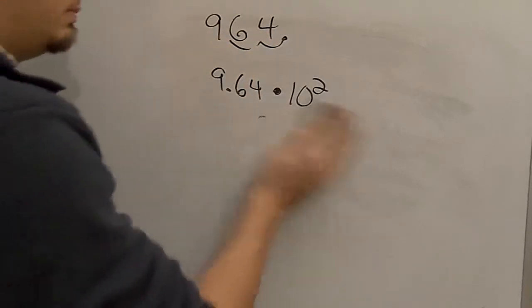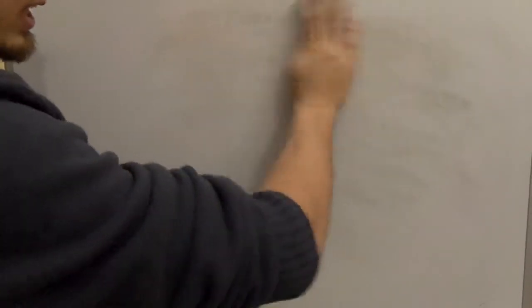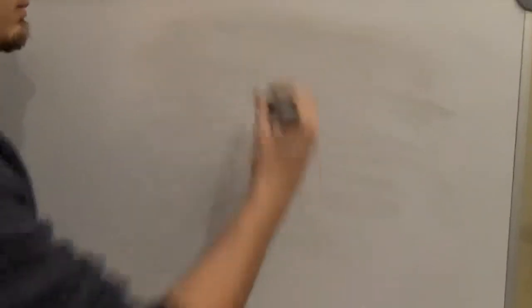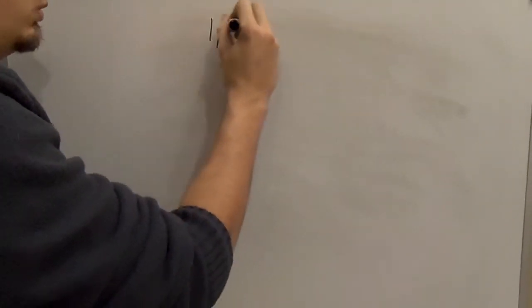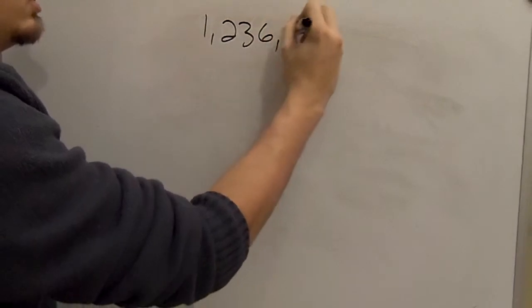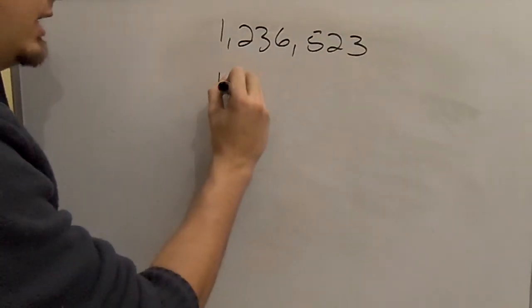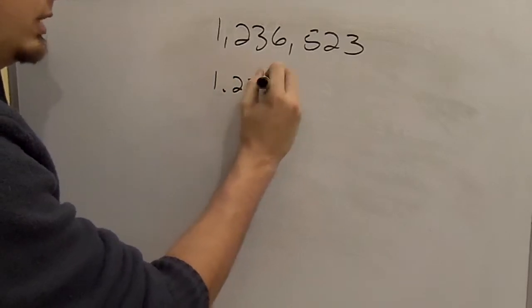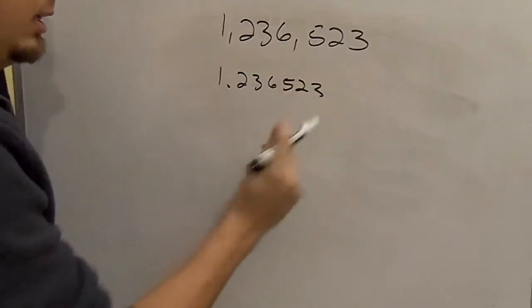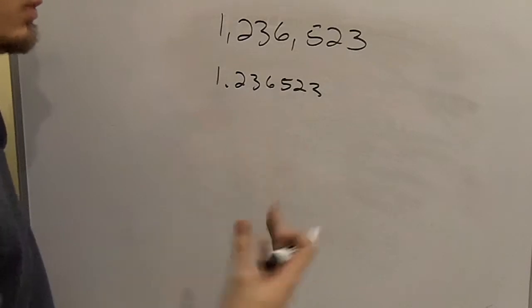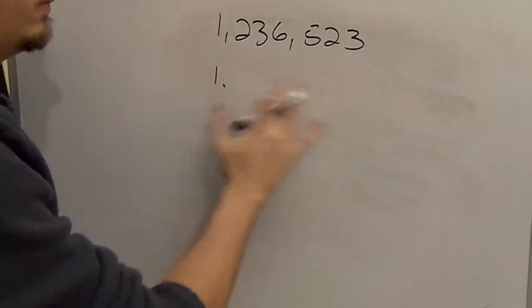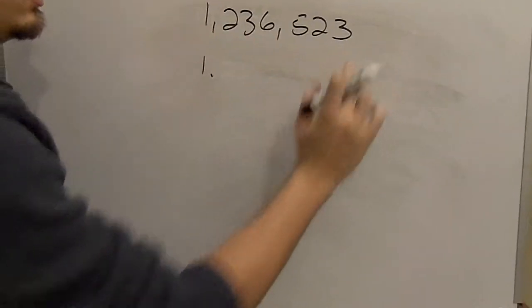But if you do bigger numbers, which is where scientific notation is used more often. It's not very often you see scientific notation used with smaller numbers in the hundreds. But if you use it with bigger numbers, such as 1,236,523, I'm not going to write a decimal of 1.236523. It kind of destroys the purpose of scientific notation, which is to find an abbreviated or shorter way to write this.